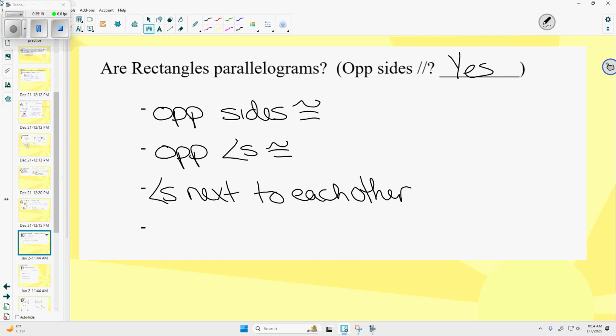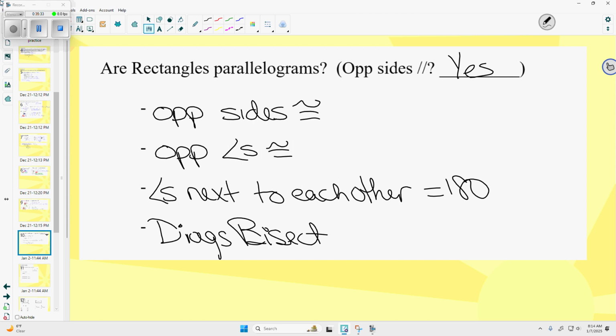Equal 180. What do we know about diagonals? Bisect each other. I'm going to create that "by each other" thing again. To each other. Just to make it faster, bisect it to EO.